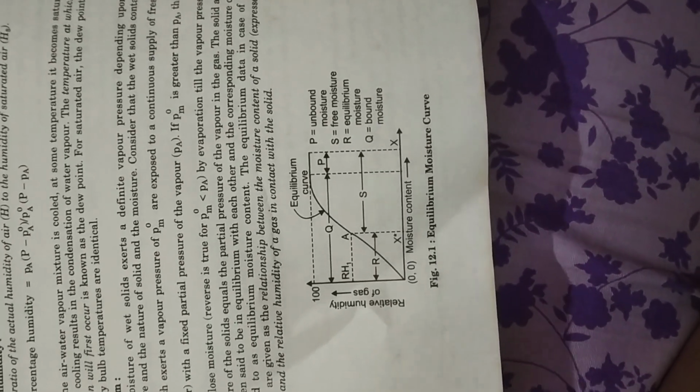In this curve, we have a graph between the relative humidity of a gas and the equilibrium moisture content. Relative humidity I previously explained to you in the humidification chapter, so you have an idea about it. In this equilibrium curve, as the moisture content increases, the curve rises on the axis.